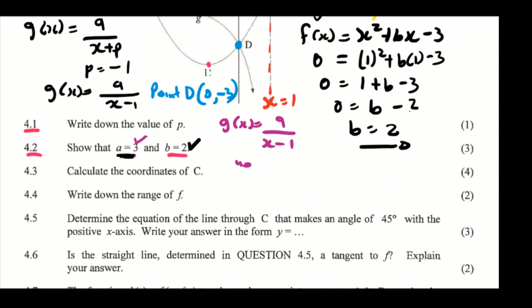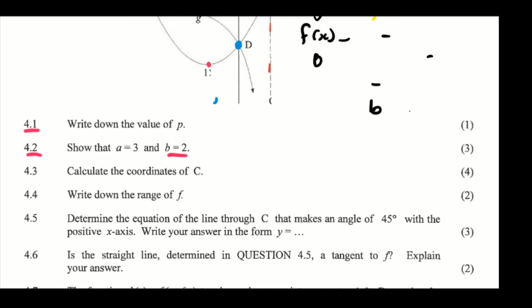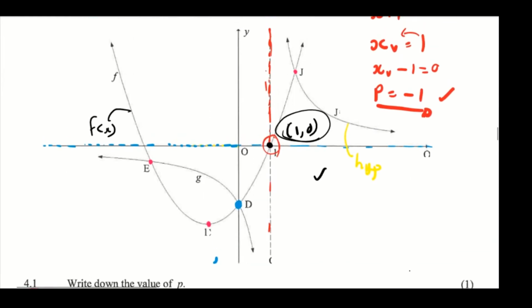Now we're going to do another question, which is 4.3. So now that we've done 4.3, we are asked to calculate the coordinates of C. So what are the coordinates of C? What is C in the graph?